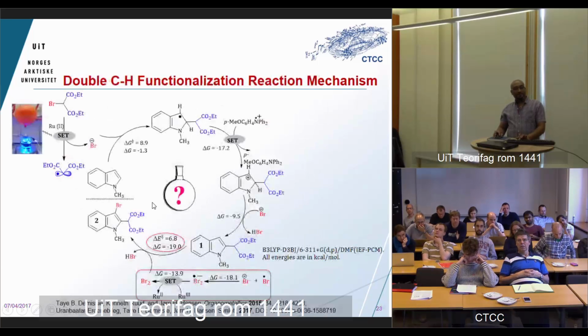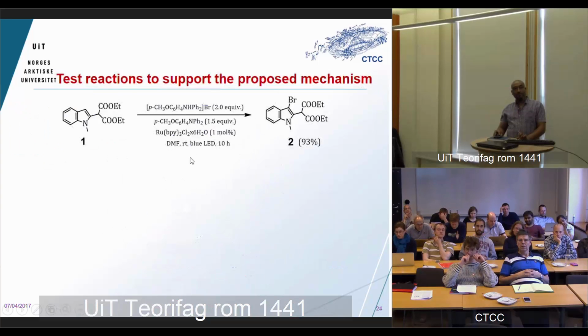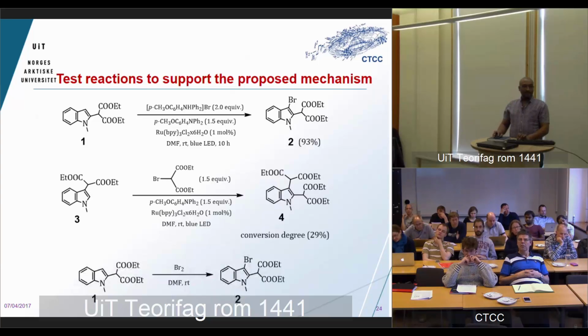And I will bring you back to this slide. We propose that Br2 is responsible for the bromination of compound 1 to compound 2. Because in this case we have Br minus, and there is no indication or any information telling us that Br2 is operating in the reaction. So for that we used these reaction conditions.